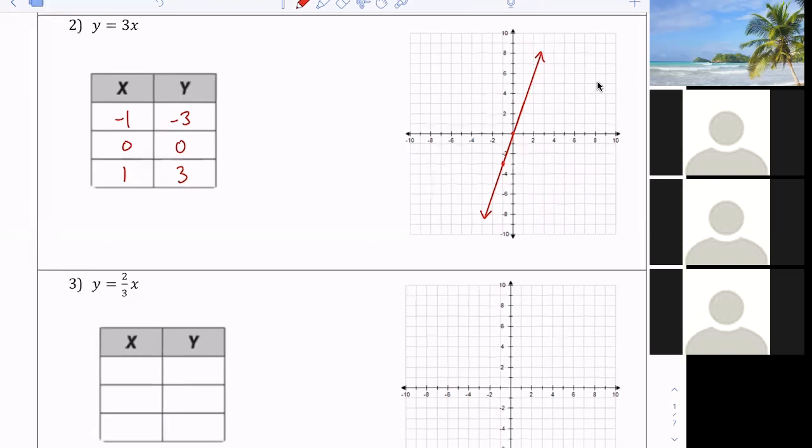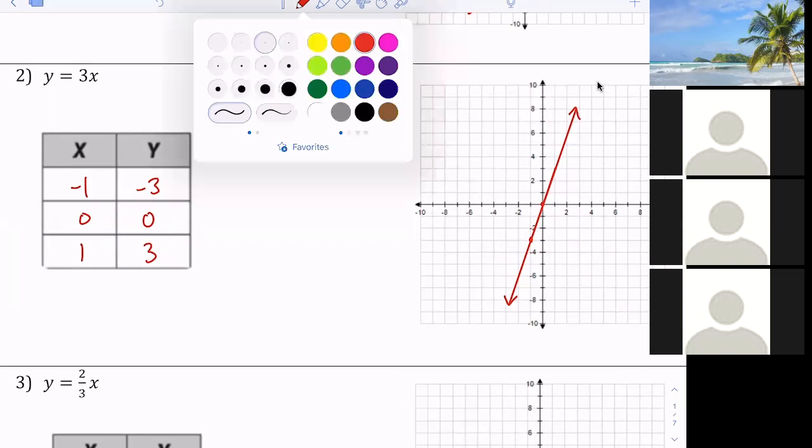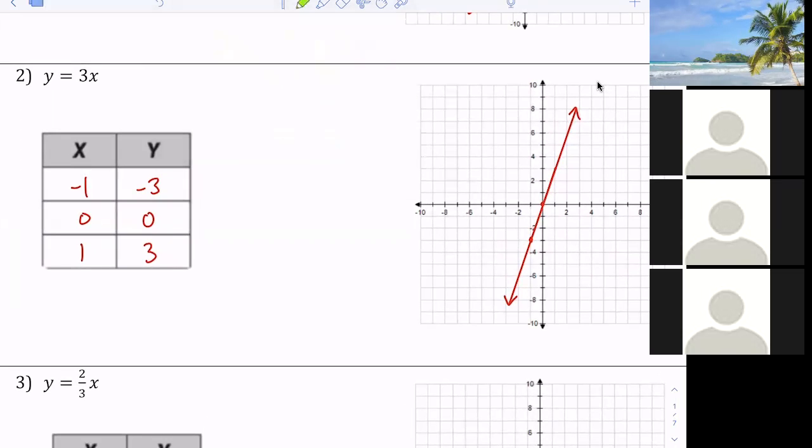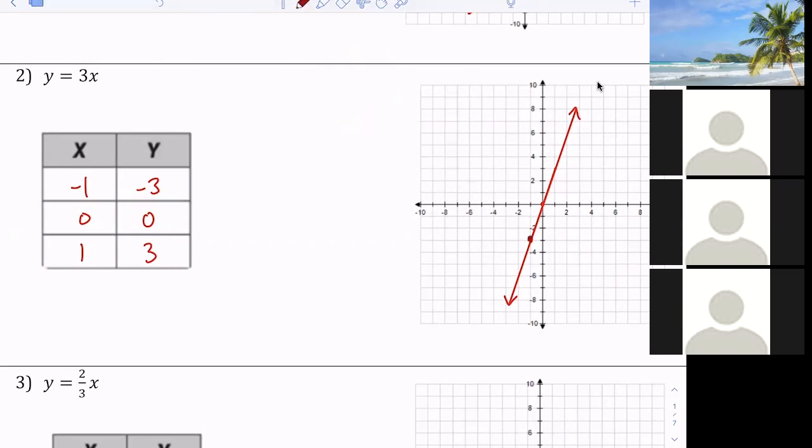Come on now, that's a good question. Did you go left 1 and down 3? Now again, right there on the board is where I'm at. -1, -3 is right here. Oh, I see. 0, 0. Come on, guys. 1, 3. Plotting points. We've been doing that a long time.